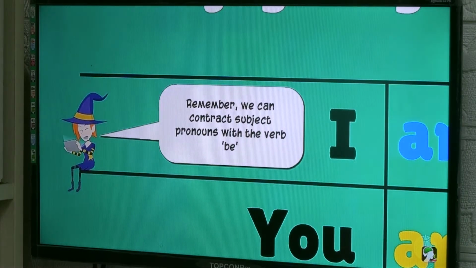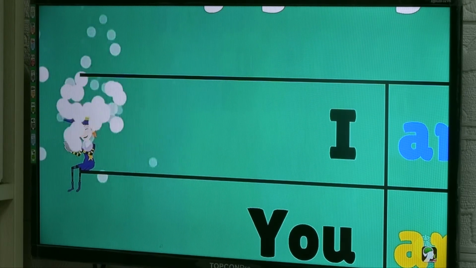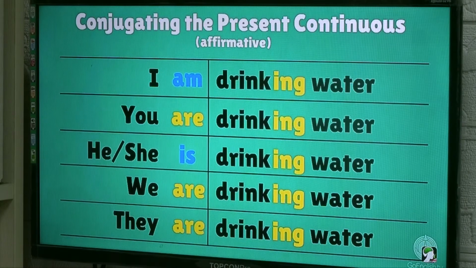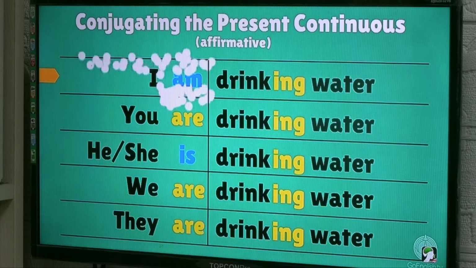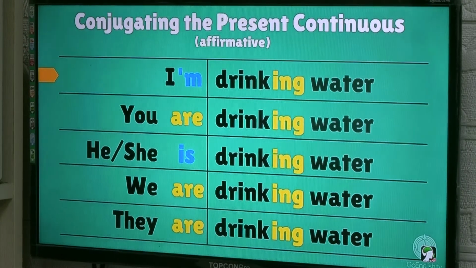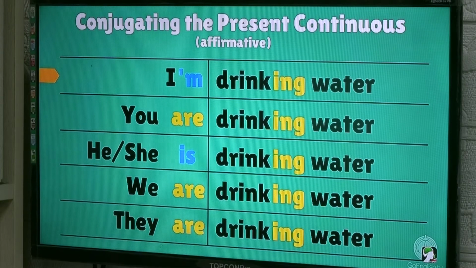Remember, we can contract subject pronouns with the verb be. We have learned that when we were learning about the parts of be. I am, I'm. You are, you're.